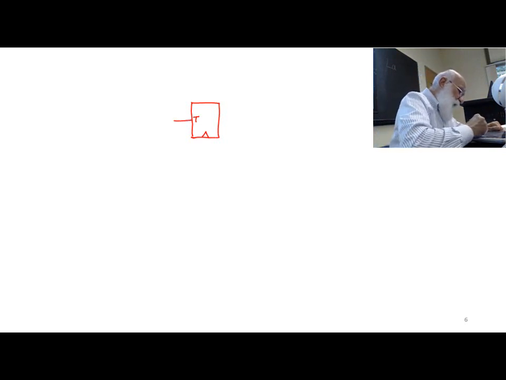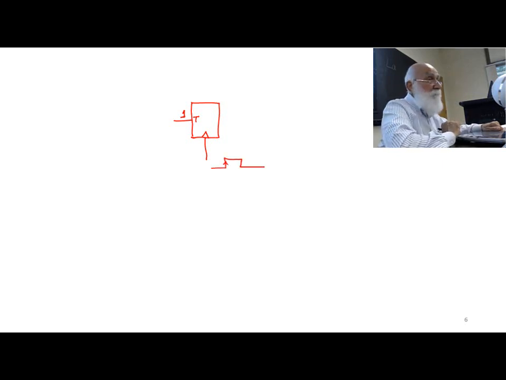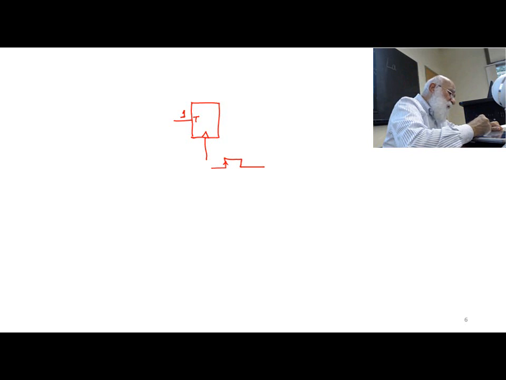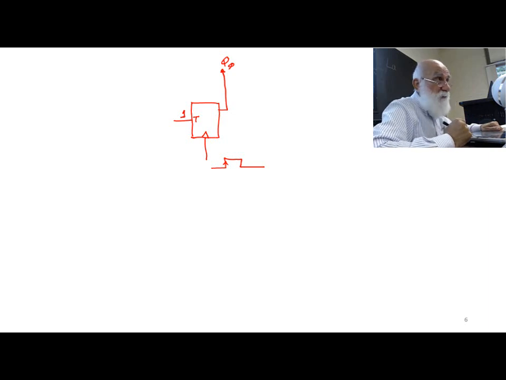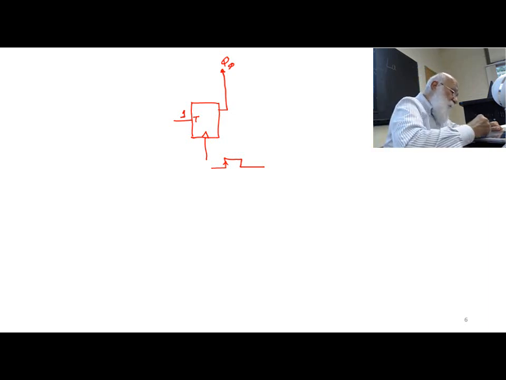So I have a T flip-flop, and if the T input is 1, each time my clock goes from 0 to 1, this toggles, and therefore this can be regarded as bit 0 of a counter.